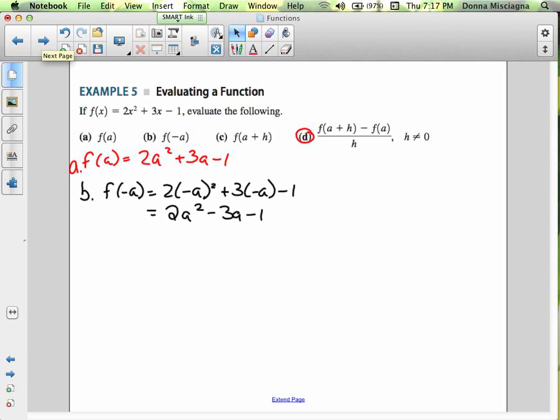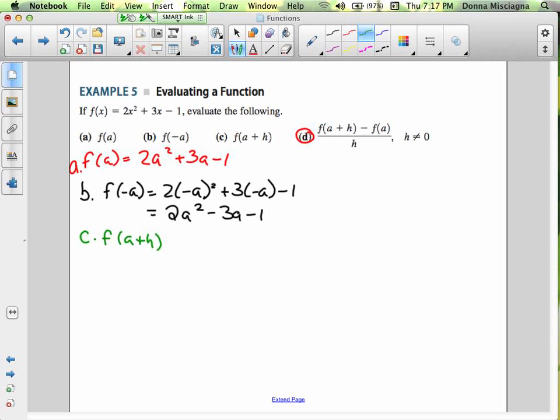Let's plug in now an a plus h. So now we have f of a plus h. And so that would be 2 times a plus h squared plus 3 times a plus h minus 1. All right, so we'll square first. Remember the rule for squaring.